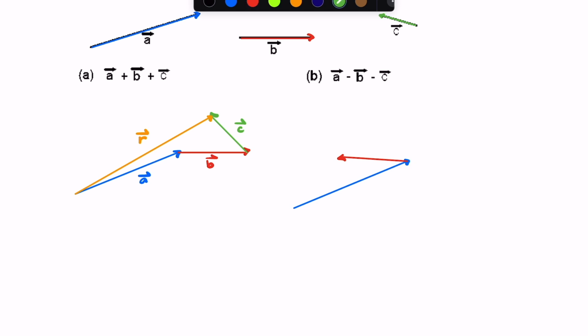Negative vector C, again going the opposite direction. And so here, again, our resultant vector will again connect from vector A to vector C. So again, we'll label this vector A, negative vector B, and negative vector C.